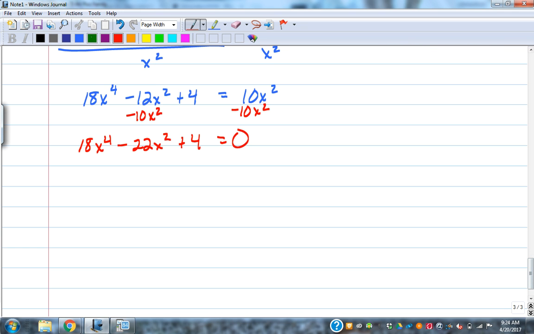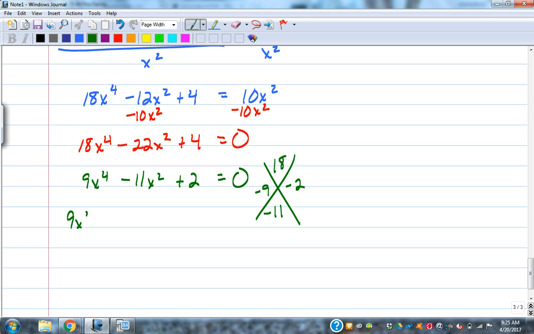I see that they're all divisible by 2, so I'm going to do that. So that's 9x to the 4th minus 11x squared plus 2 equals 0. I see that as a trinomial, so I'm thinking I can factor that. Multiply to be 18, add to be negative 11: negative 9 and negative 2. So 9x to the 4th minus 9x squared minus 2x squared plus 2.